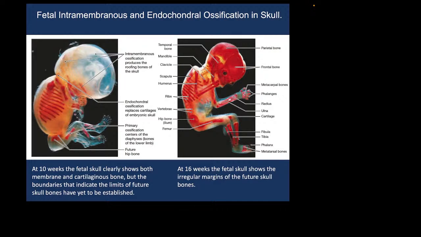This you can clearly see in 10 and 16-week human fetuses that have been specially stained. This is a special way of staining which gives the bones a special color, and this method we call alizarin red.